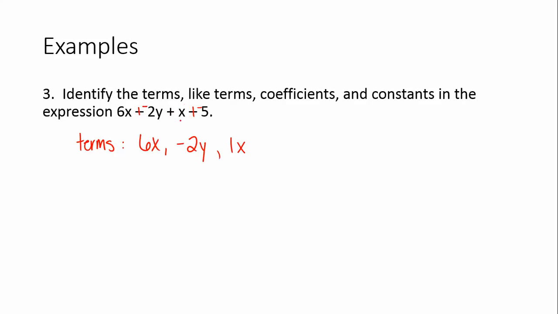And a negative 5. Our like terms, remember, are terms that have the same variables. So we have a 6x and a 1x that are like. There aren't any other terms that have a y, and there's only one constant. Coefficients.